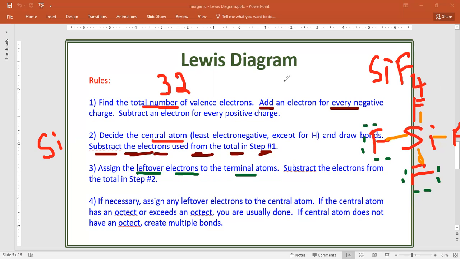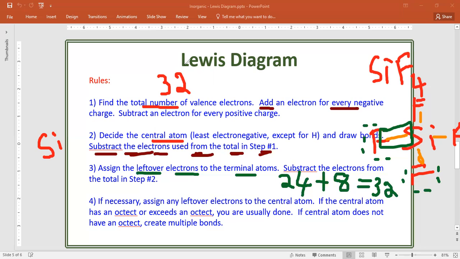So 6 into 4, that is 24. 24 electrons, and each covalent bond has 2 electrons, 2 into the total covalent bonds 4, so 2 into 4, 8, and 24 plus 8 is again 32.